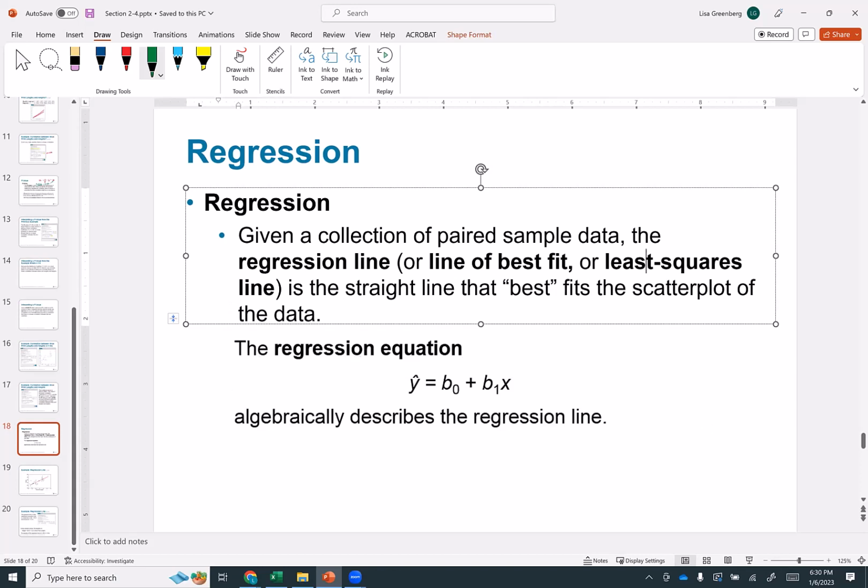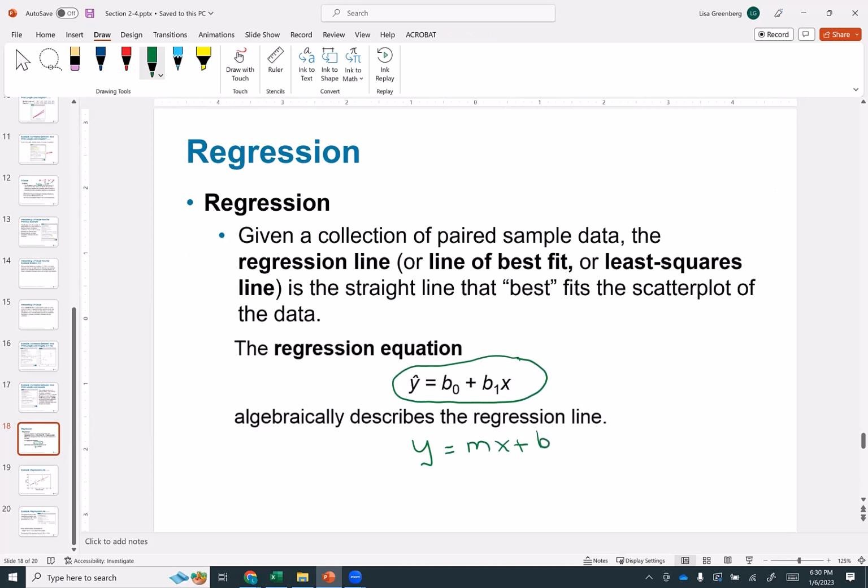The regression equation is here. The equation of a line in slope-intercept form would be y equals mx plus b, where m is the slope and b is the y-intercept. B is the y-intercept, which means where the graph hits the y-axis.